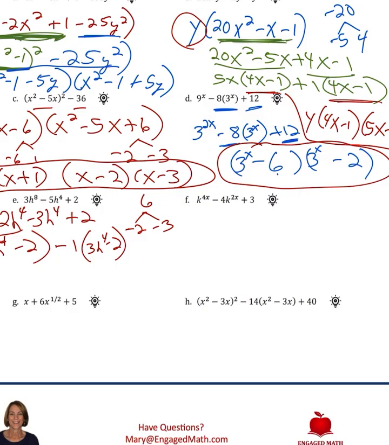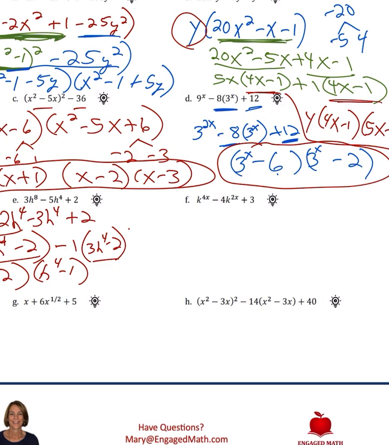Okay, I'm going to get rid of the part where we found the two numbers that we should split the middle term into, just to give us a little more space. Okay, so now we have a GCF, and the GCF is 3h to the 4th minus 2. And what we're left with over here is h to the 4th minus 1. Okay, so we have a little ways more to go.